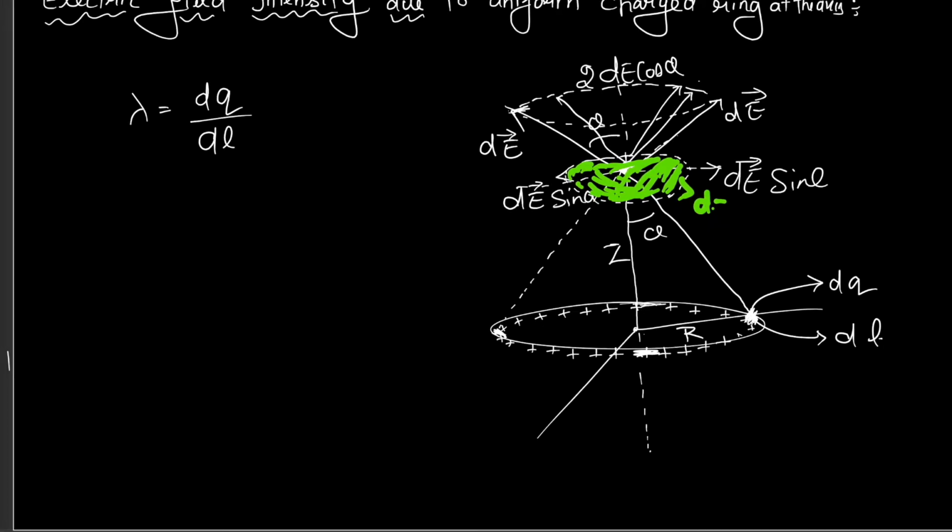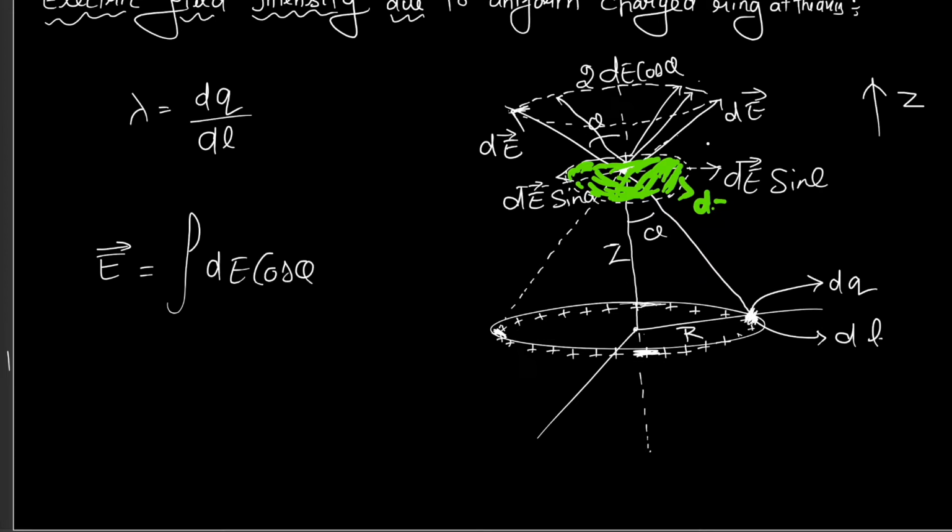Then only the dE cos theta will remain. Basically these are all adding up, then it is nothing but E, the total electric field. Let's suppose I take the above direction as Z, and then the electric field is nothing but the integration of dE cos theta.